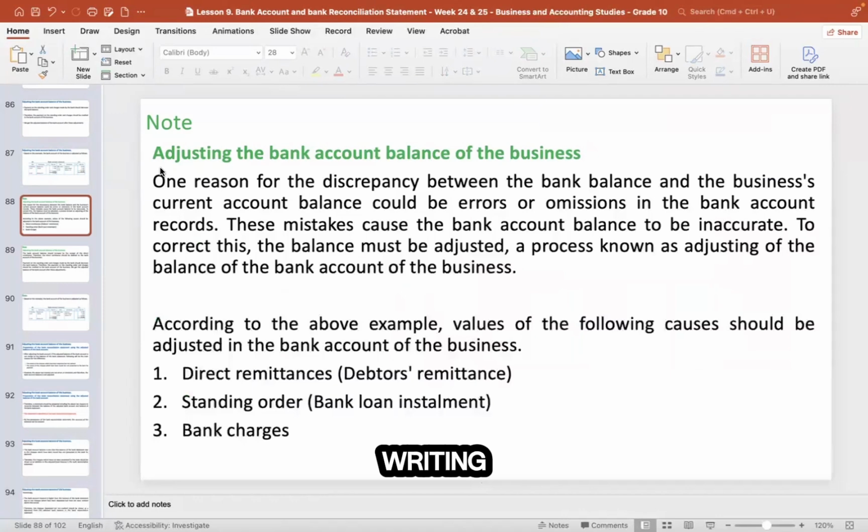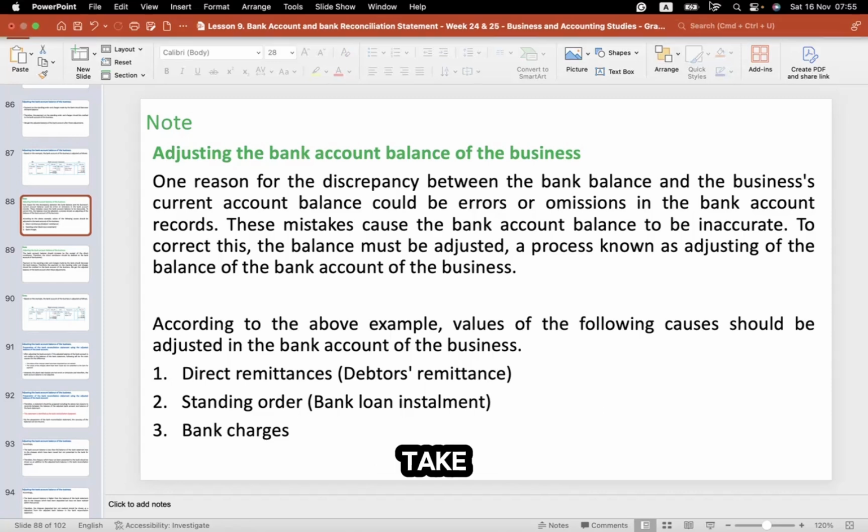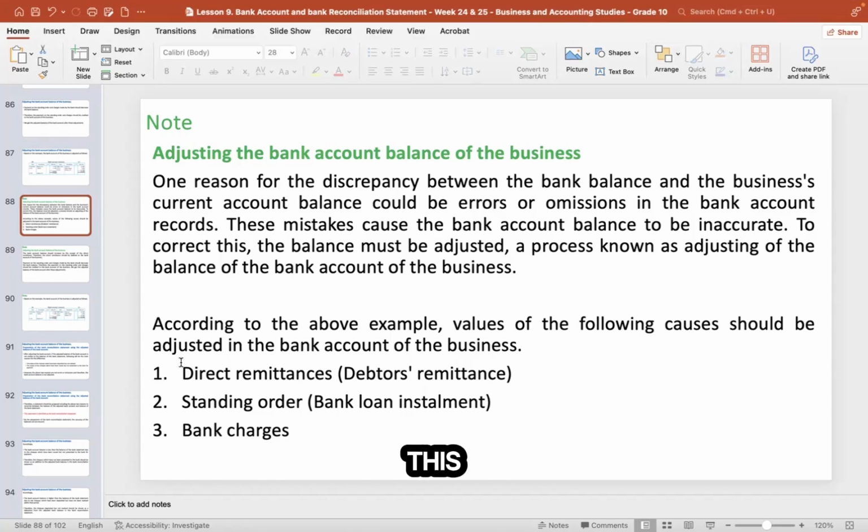Can you start writing this note? Put the heading adjusting the bank account balance of the business and start writing. Take about 1 to 2 minutes and complete this. Then we will move on to the next slide.